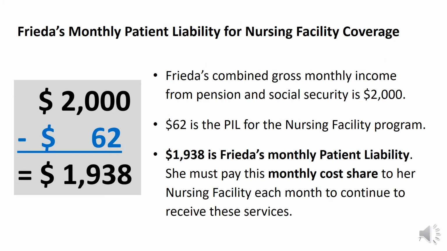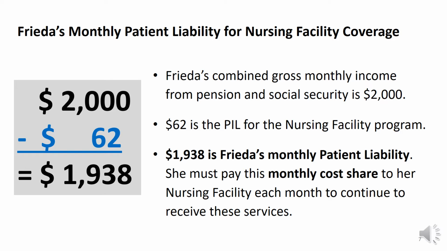Let's do another example, this time Frida, also in a nursing facility and working with KanCare's nursing facility program. Frida's combined gross monthly income from pension and Social Security is $2,000 before any deductions. Again, the protected income level is $62 for a nursing facility.